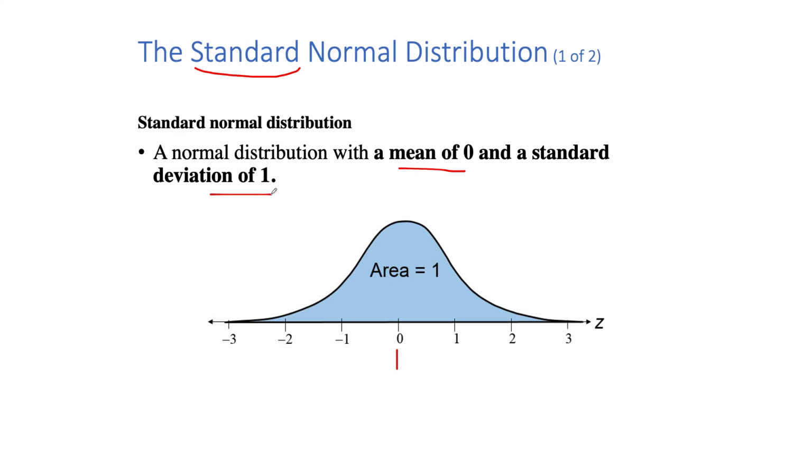So the inflection points for a standard normal distribution are located at -1 and +1. Why is this the case? If the center is 0 and the standard deviation is 1, the inflection points are located one standard deviation to the right and one standard deviation step to the left of the mean. So 0 plus 1 is 1, 0 minus 1 is -1. And so the two inflection points on either end of this curve are located at -1 and +1.